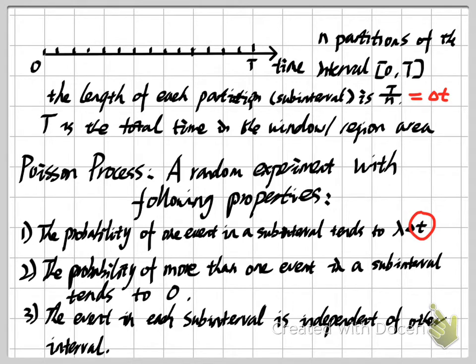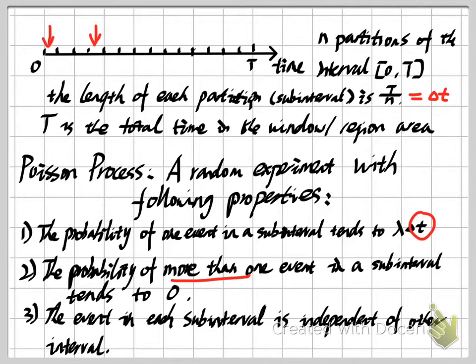The second property is that the probability of more than one event in a subinterval tends to 0. That means in our timeline, in each subinterval, we only have one event.